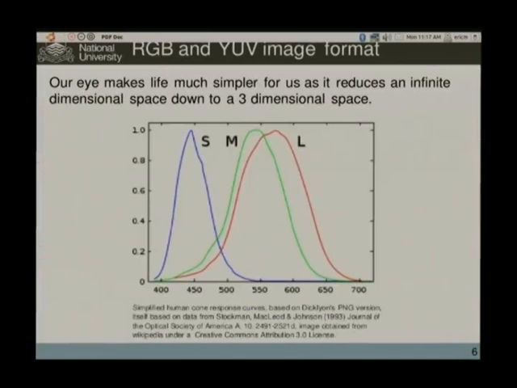So what tricks can be used to reduce the size of these images? One is moving, say, from an RGB format to a YUV format. So, firstly, our eye makes things much simpler for computer graphics and, I guess, for storing this video, in that really colour is an infinite dimensional space. You can imagine you can have different intensities at different possible frequencies.